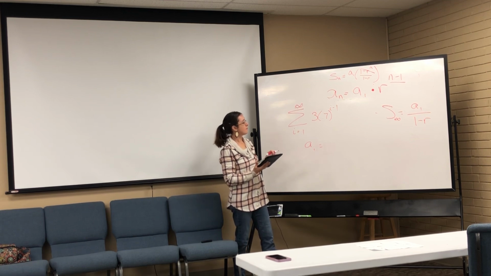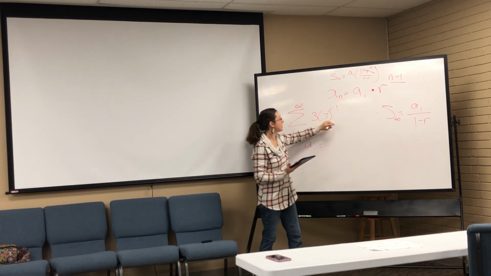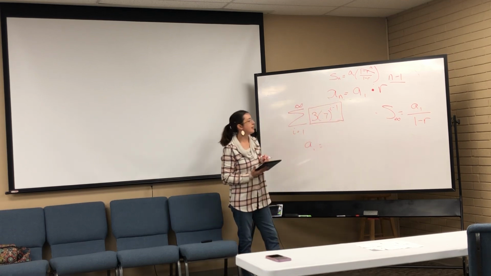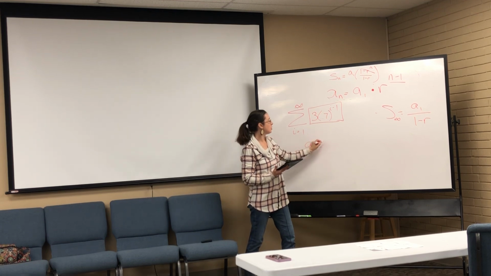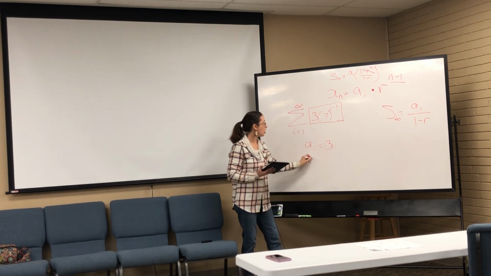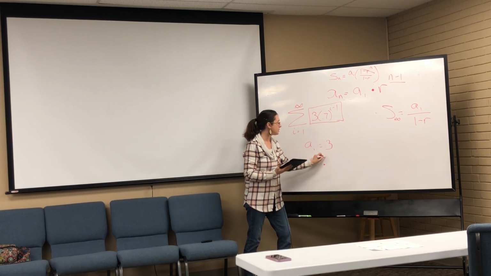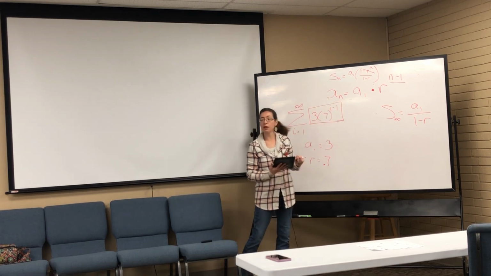If this is our generic formula for a geometric sequence, to find any term, our a sub 1 is equal to 3. Our r value is equal to 0.7. And then n minus 1 is simply the i minus 1.